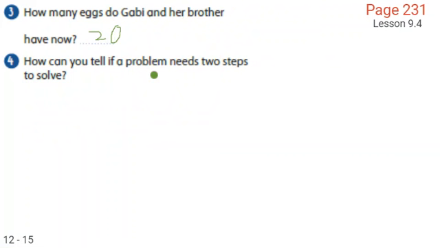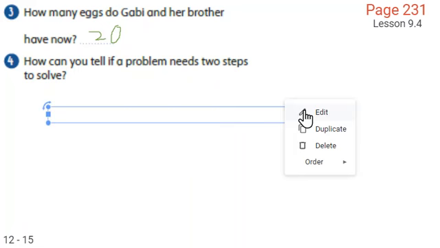So here it says, on page 231, how can you tell if a problem needs 2 steps to solve? Well, let's write that out. Think about it, ponder it. Here we go. Let me expand this out a little bit so we have a little bit more room.